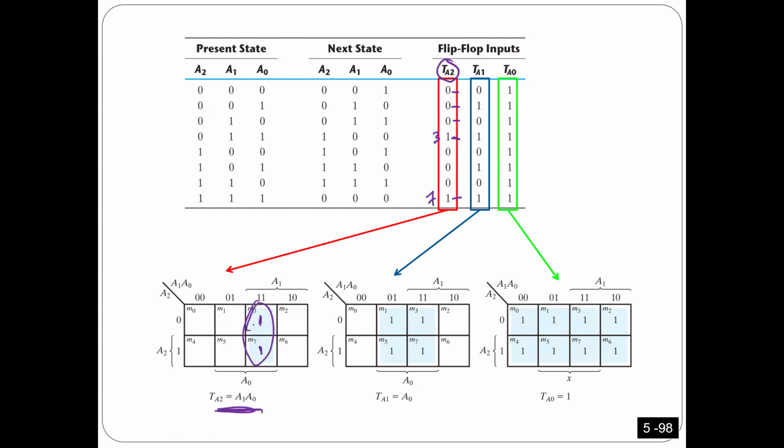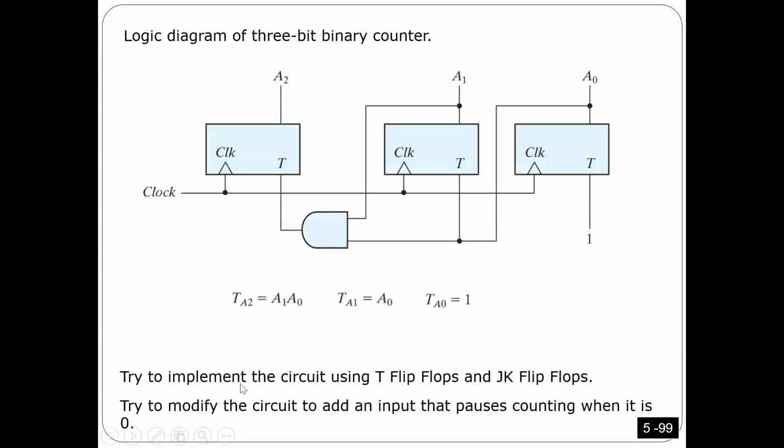So GE2, the input of flip-flop number 2, should be A1 and A3. Okay, so that's why if you see here, when I design it, this is flip-flop number 2. You can see the input of this one has to be A1 and A0.